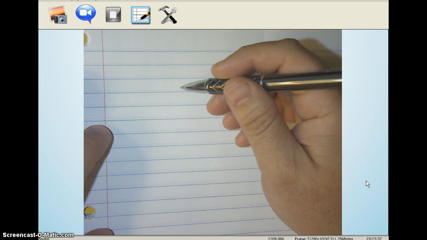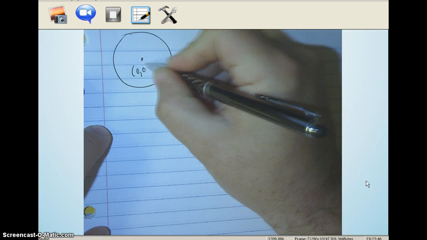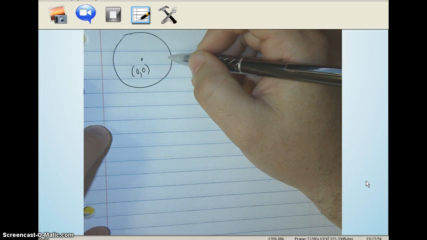Okay, so basically, I'll give you an example here. Say there's a problem that says you have a circle, and this circle exists with the center at the origin, so that's 0, 0, and now they're going to tell us that the point 0, 2 exists on this circle.